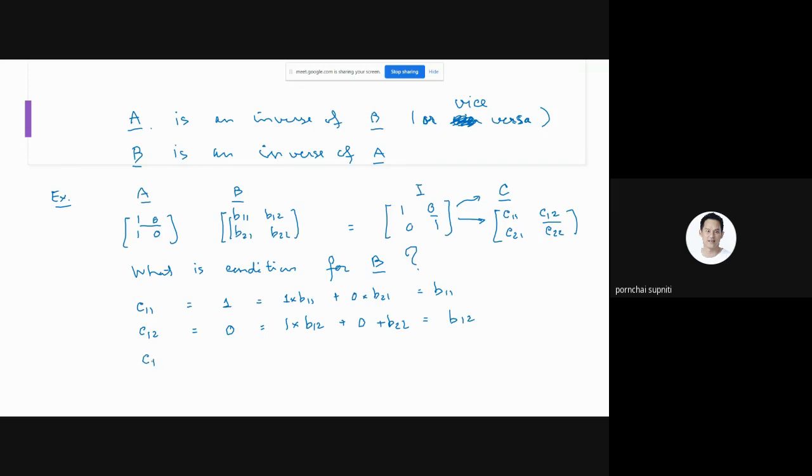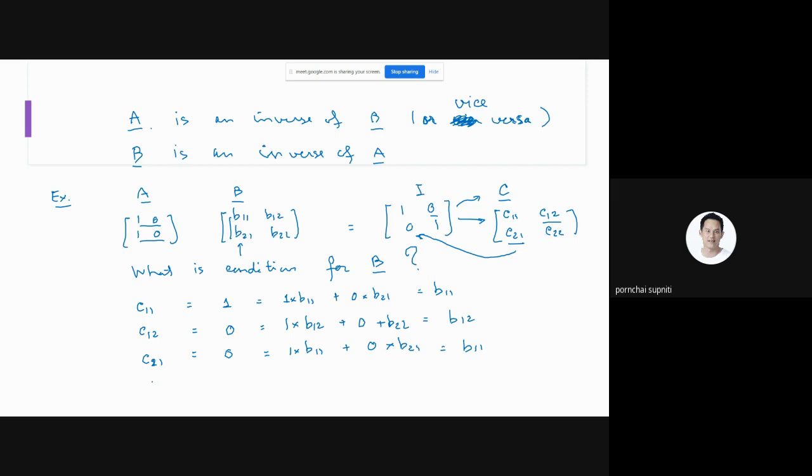Then next one is C21. Similarly, for C21, here we have a number of 0. And so when we multiply row 2 of A with column 1 of B, we get 1 multiplied with B11 plus 0 multiplied with B21, which is B11.